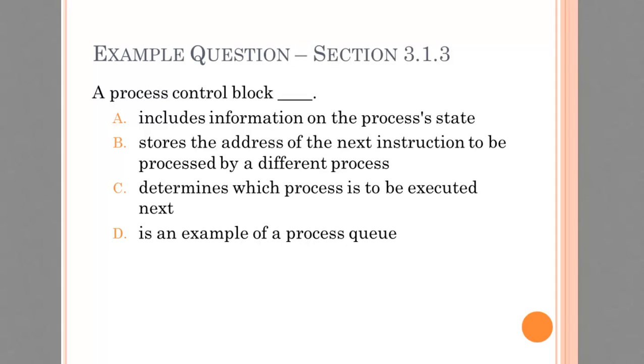We know the process control block includes information on the process's state. So your exercise is to look up what stores the address of the next instruction and so on. Check all these other ones to make sure you know where they are, because they're not in the process control block. But know what the rest of them are. Again, that's section 3.13.